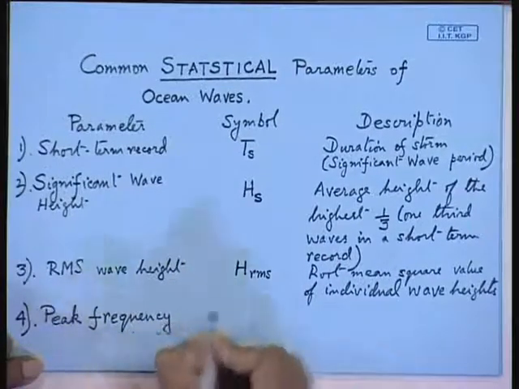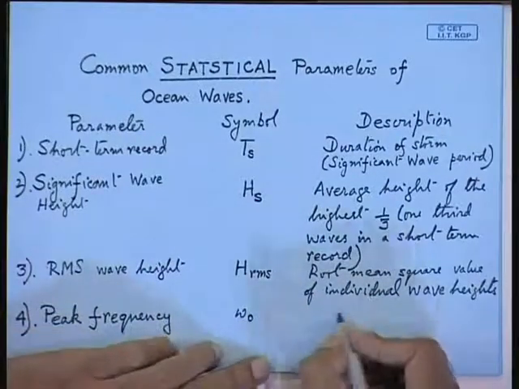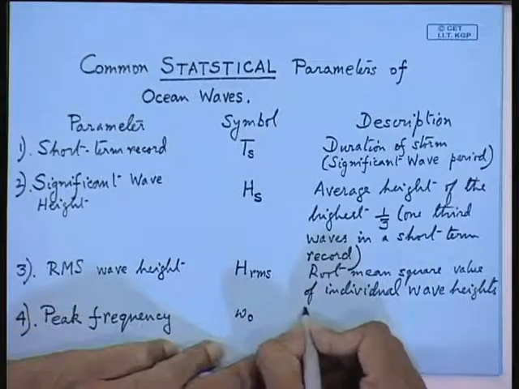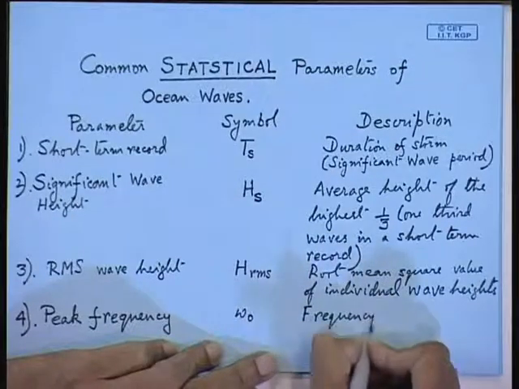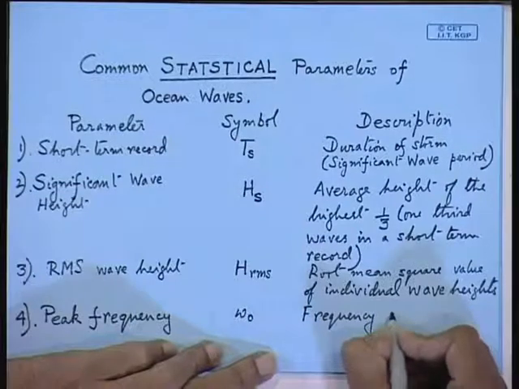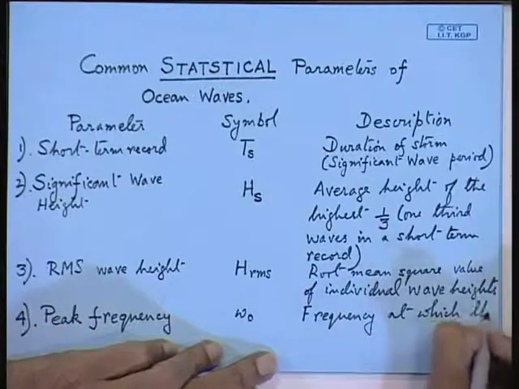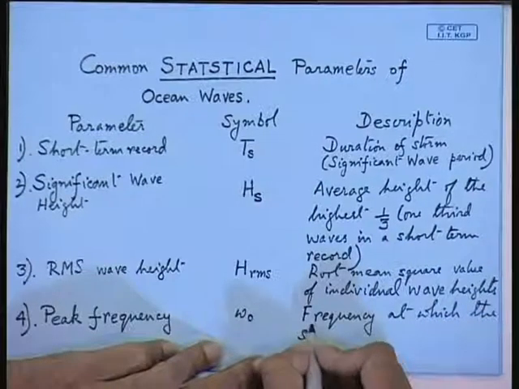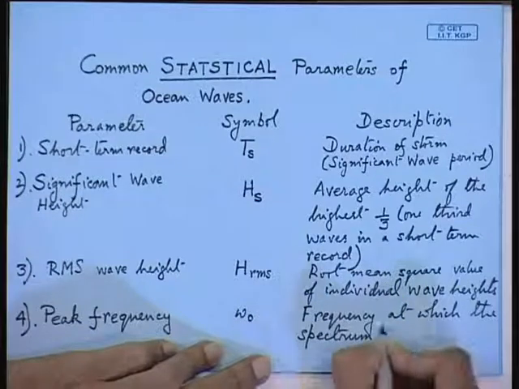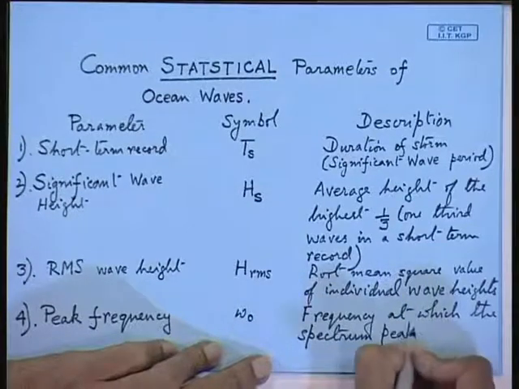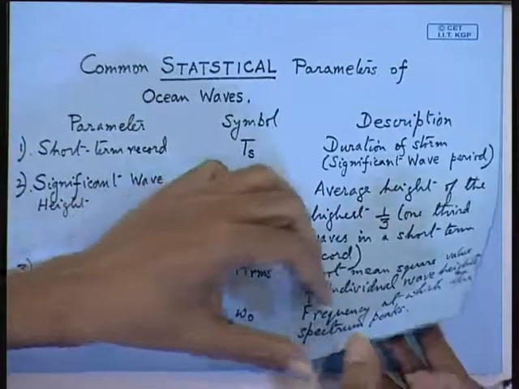Now, this is denoted by omega naught, and this is called frequency at which the spectrum peaks. That is the largest value of the spectrum, that is called the peak frequency.